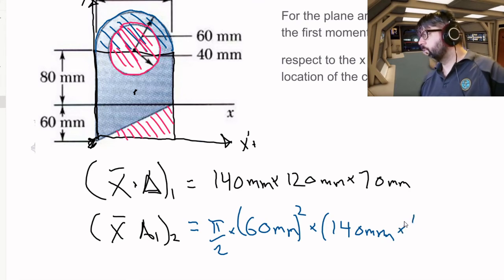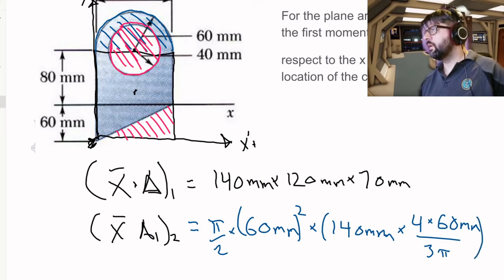So that's 140 plus 4 times 60, or 160 millimeters, over 3 pi. Oh, and I realize that's not times, that should be plus.